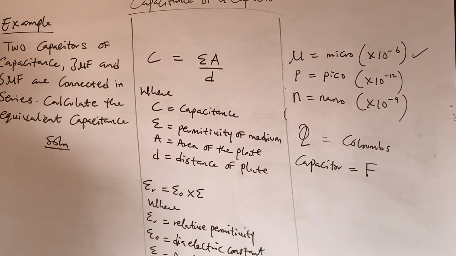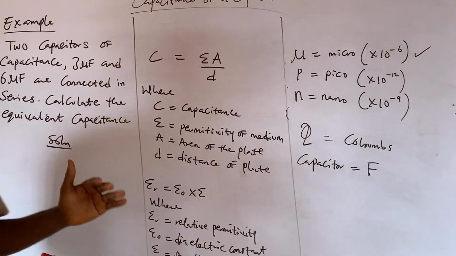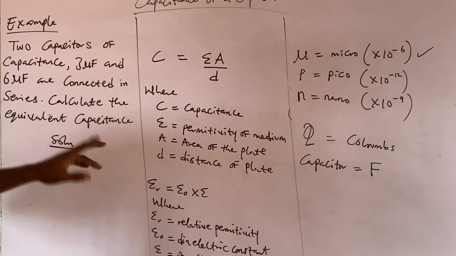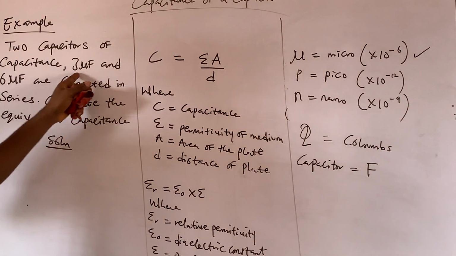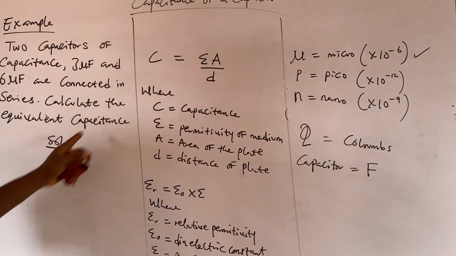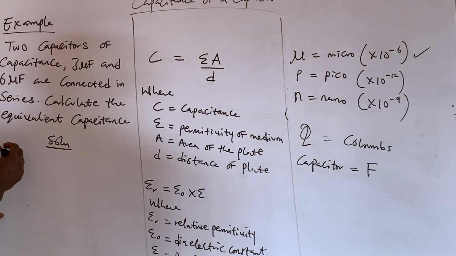Now look up. I have taught you series arrangement. Now let's apply our knowledge to this question. Two capacitors of capacitance 3 microfarad and 6 microfarad are connected in series. Full stop. Calculate the equivalent capacitance. What do you do?